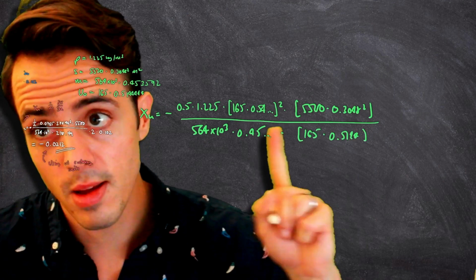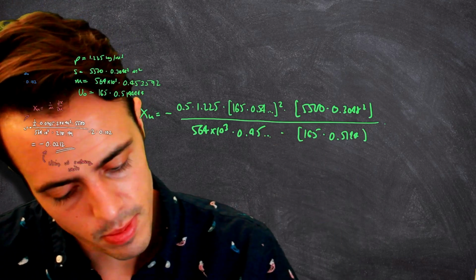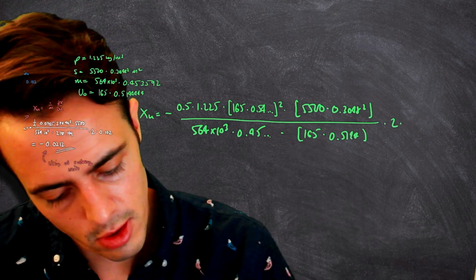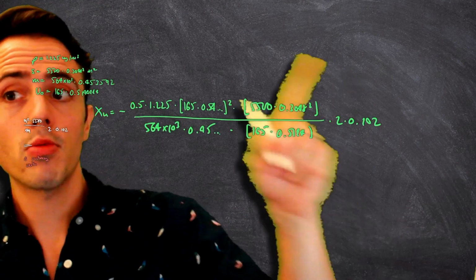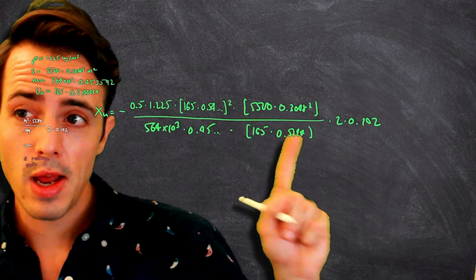I'm not writing these numbers out on purpose. Multiplied by 2 multiplied by 0.102. So this would be if we use SI units.